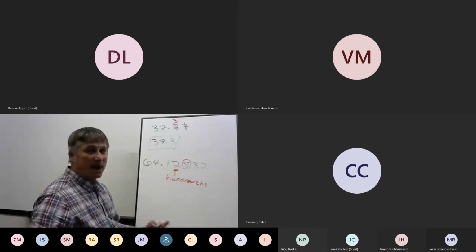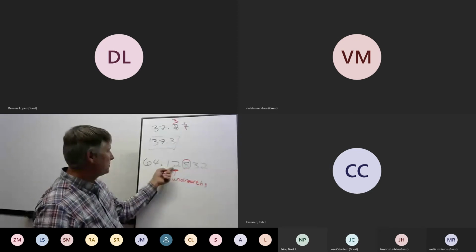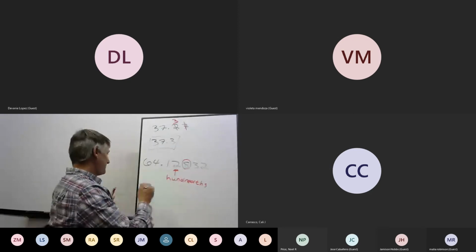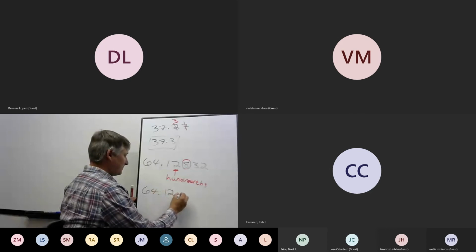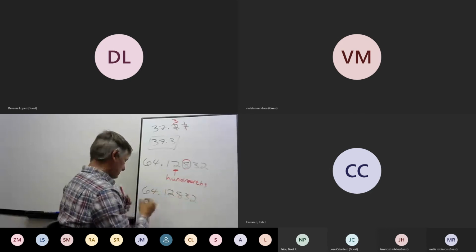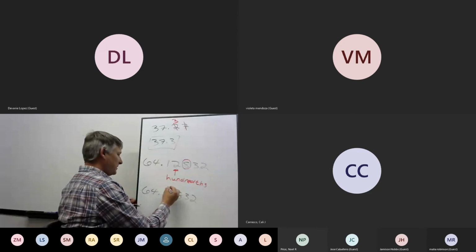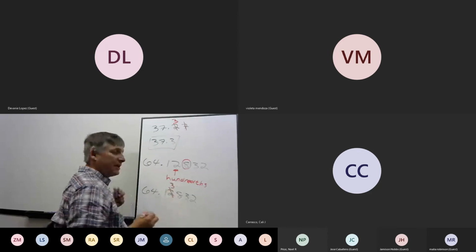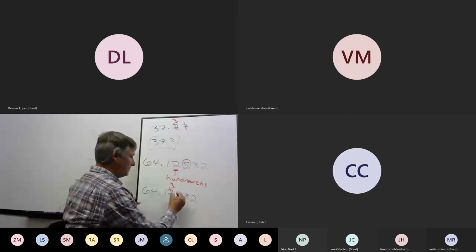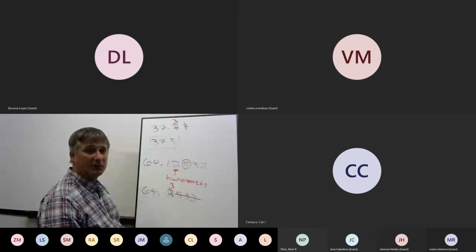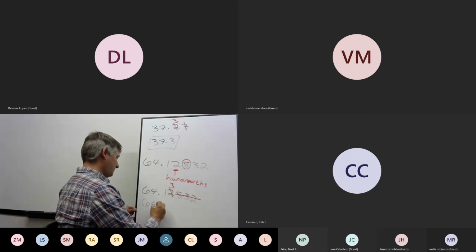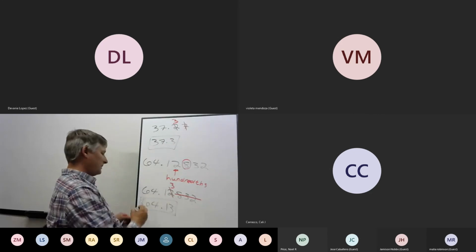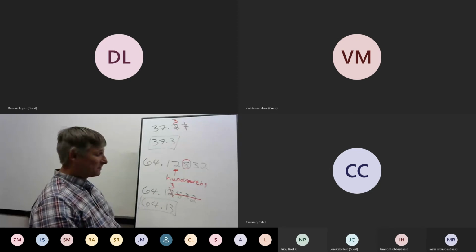Because this number is 5 or greater, this will bump up by 1. So this will become a 3. And then everything to the right, we're going to get rid of. And that's going to be our answer.